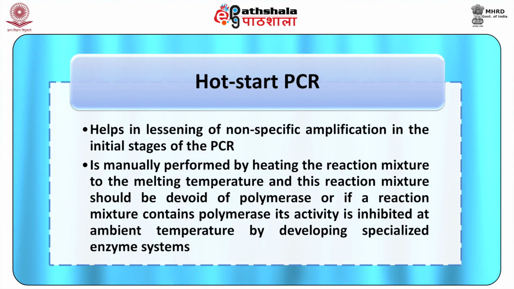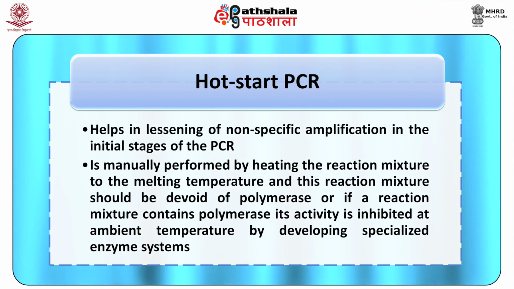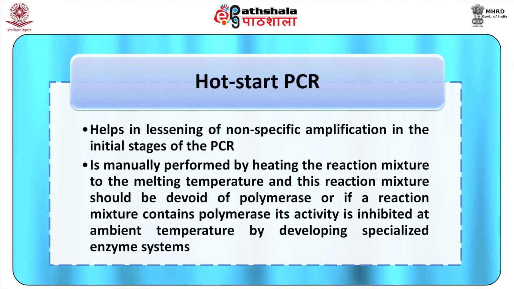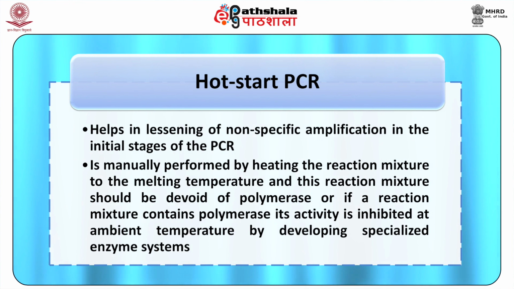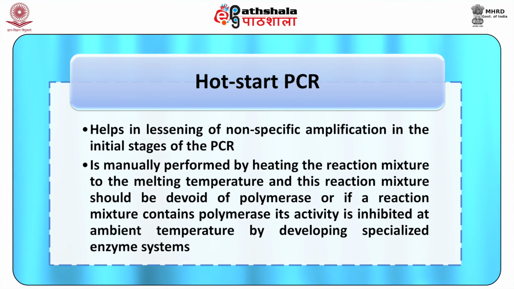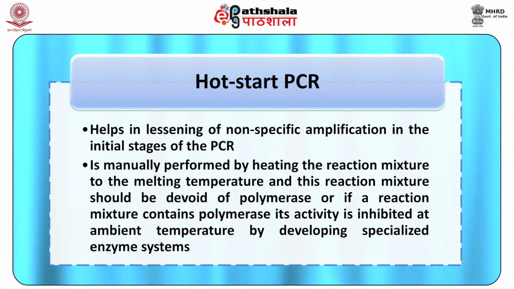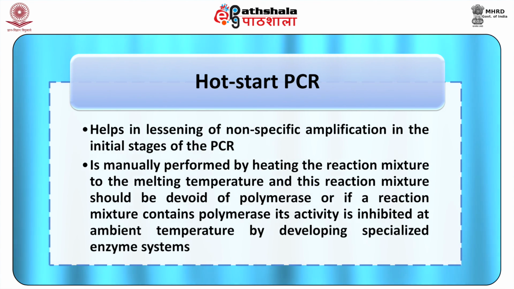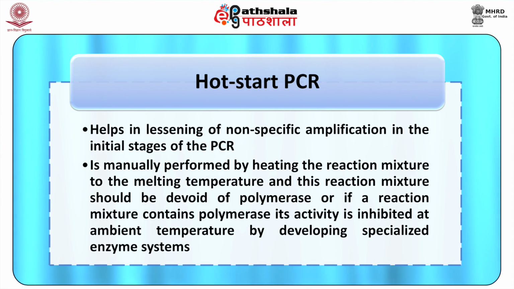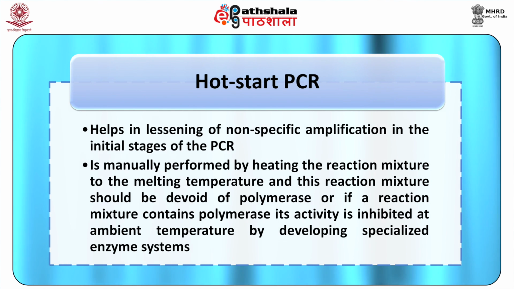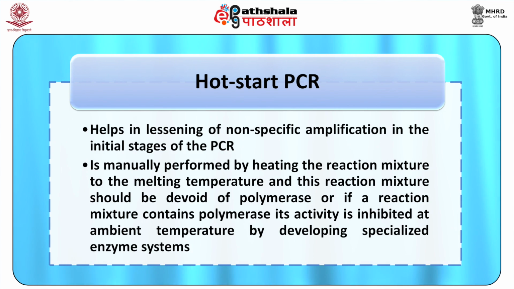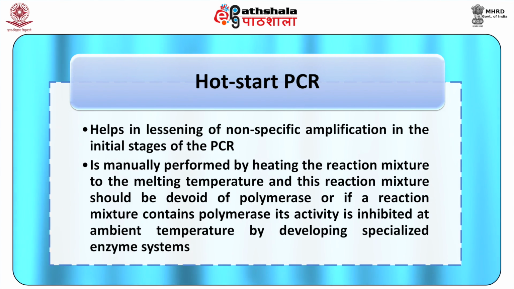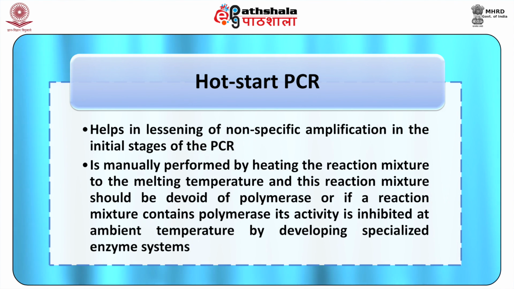The hot start PCR. It helps in lessening non-specific amplification in the initial stages of the PCR. It is manually performed by heating the reaction mixture to the melting temperature, for example 94 degrees Celsius, and this reaction mixture should be devoid of polymerase, or if the reaction mixture contains the polymerase, its activity is inhibited at ambient temperature by specialized enzyme systems.